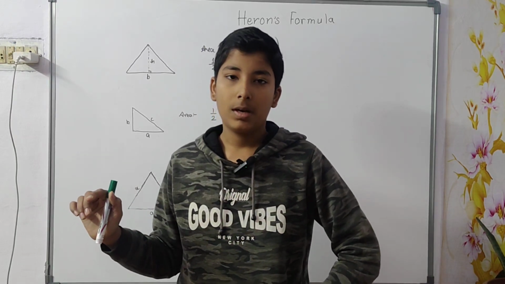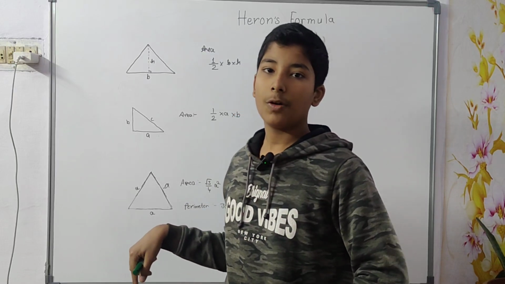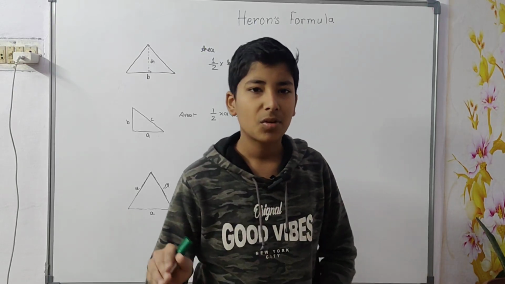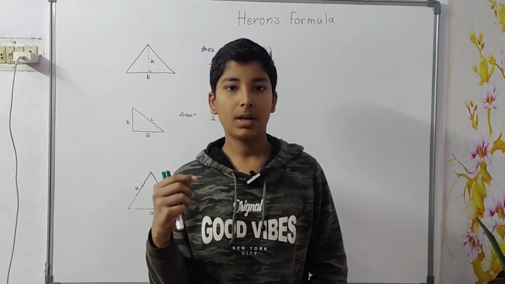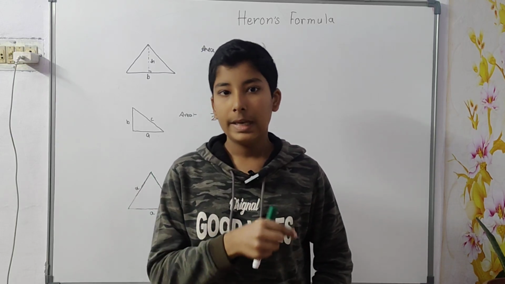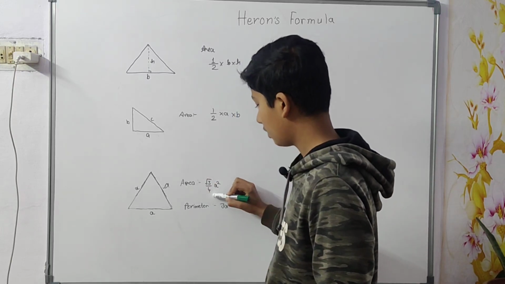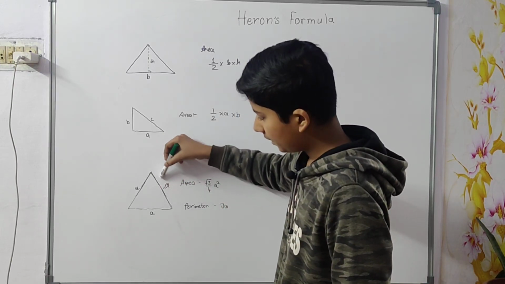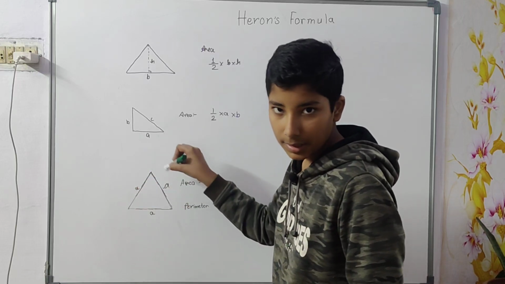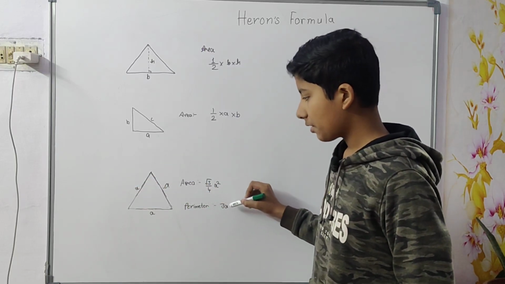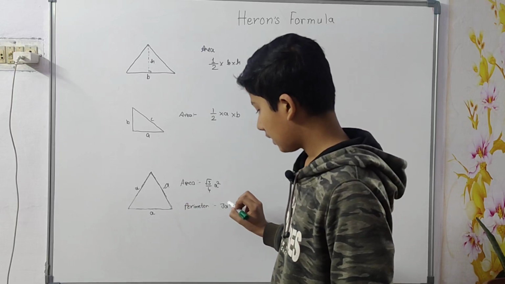Its formula. So how is this formula over here? It is from somewhere like from trigonometry. I will tell you in later videos. Okay. Root 3 by 4 a square, and this is a. All the sides are equal. So perimeter will be a plus a plus a, 3a.